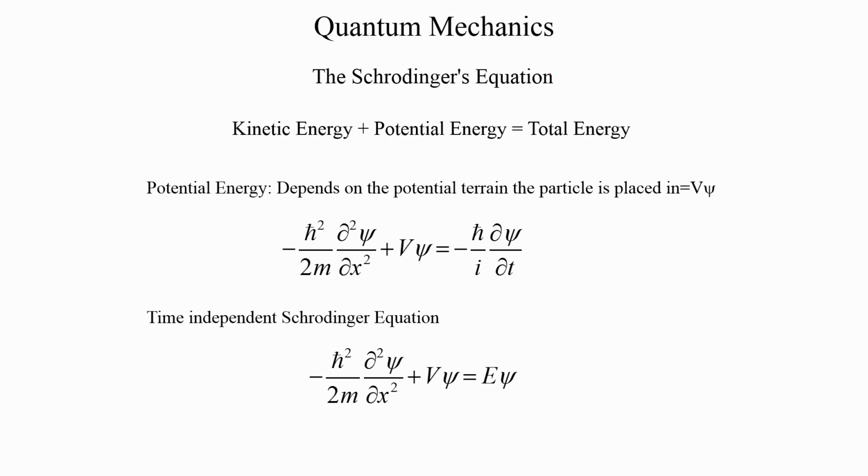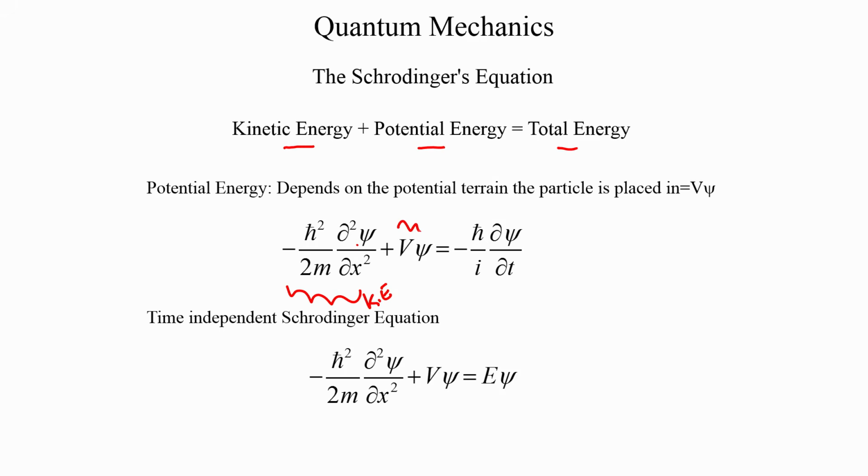So, let us look at what is the Schrodinger's equation. As we mentioned, the Schrodinger's equation is an energy conservation equation which says the kinetic energy plus the potential energy is equal to the total energy. Now, we have already seen the kinetic energy operator, and we found that this operator operating on the wave function yields the term for the kinetic energy.